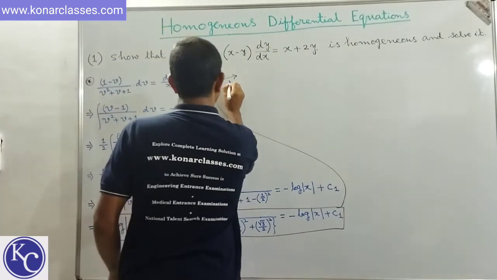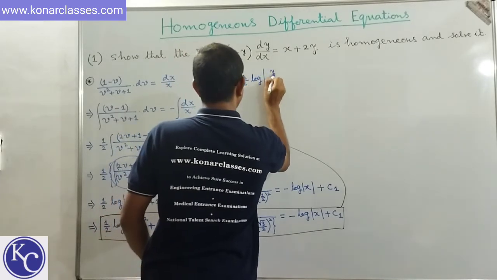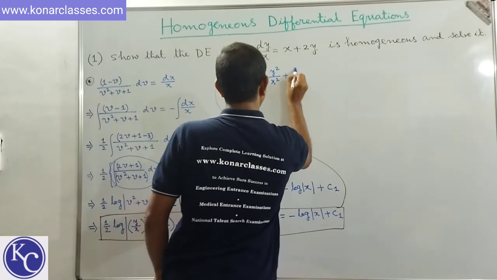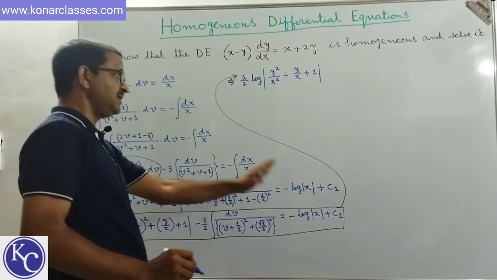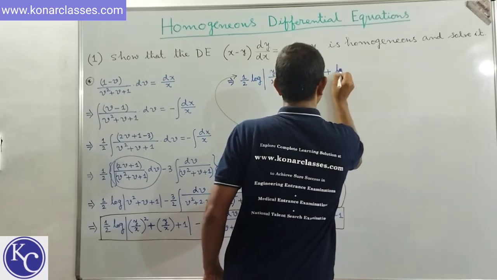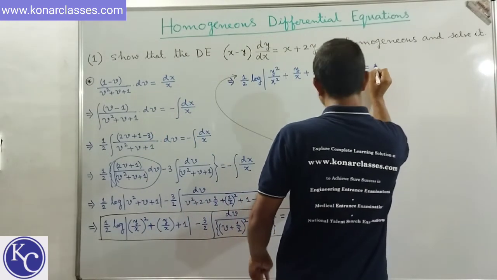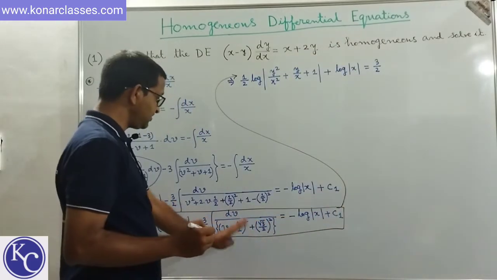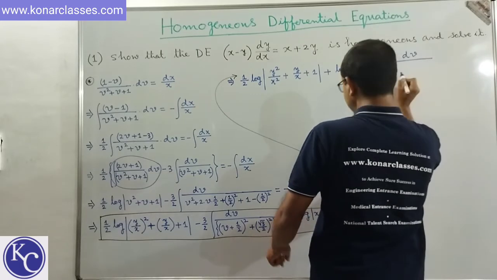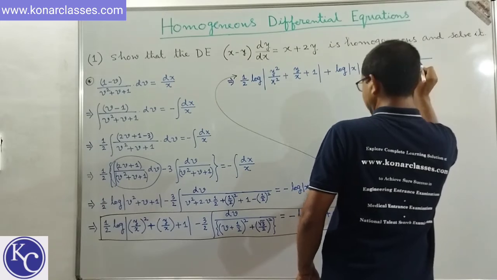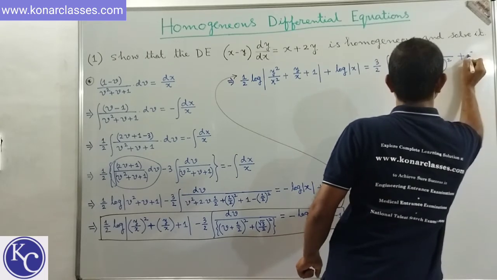So this implies 1 by 2 into log mod y square by x square plus y by x plus 1, and this minus log x I take to the left hand side, so it becomes plus log of mod x is equal to, in the left hand side minus 3 by 2, in this integration I took it to the right hand side, so it becomes plus 3 by 2 integration dv divided by v plus 1 by 2 whole square plus root 3 by 2 whole square, plus that integrating constant c1.